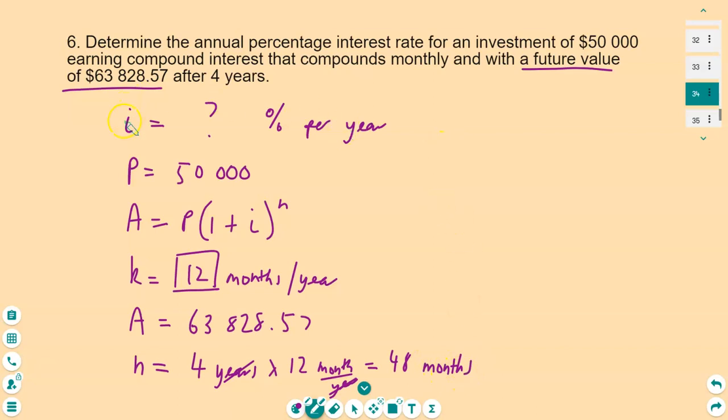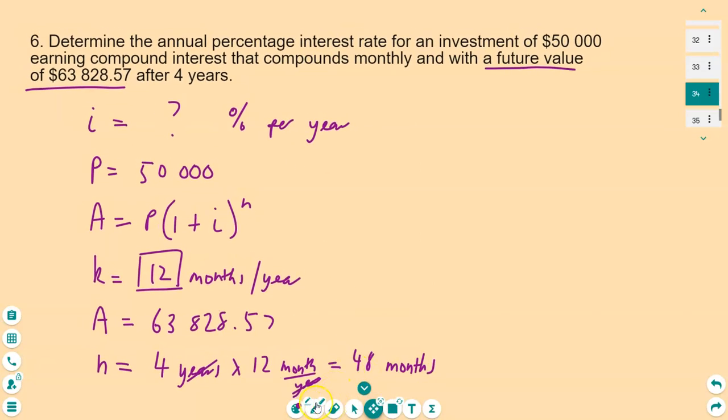Now I've forgotten the question. Oh yeah, we need to calculate it as a percent per year. So the answer that we get out will give us a decimal interest rate per month. At the end, it's good to note that. So we will have a decimal per month, and we need to get that to a percent per year.